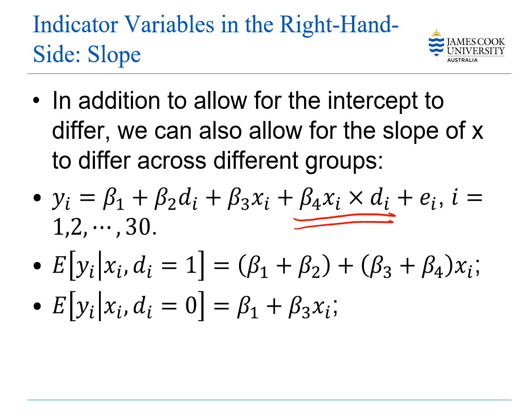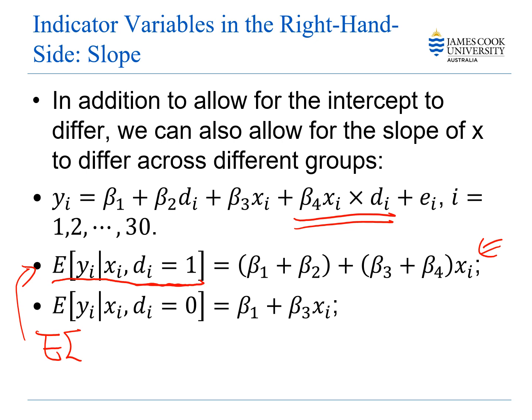Now the regression equation. When di is equal to 1, let me just show you each step that we have. So we want to compute the expected value of yi, conditional on xi and di equal to 1.